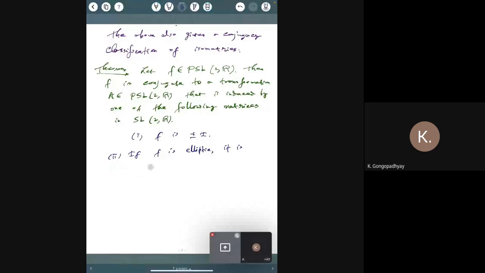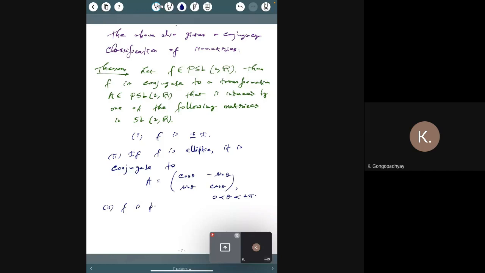Even though I am writing in terms of matrices, when I say that F is conjugate to a matrix of this form, what I really mean is that F is conjugate to a transformation that is induced by a matrix of this form. Just keep that in mind. I have included plus or minus identity, so I can safely make it strict.